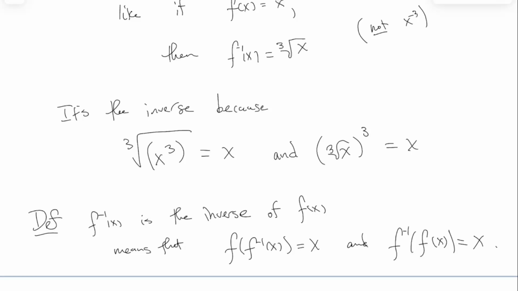This is technically what I mean when I say the two things cancel each other out, or one of them undoes the other one. It means when you stick them one inside of the other and apply that to x, you end up with x again. This is what it means to be the inverse of something else.